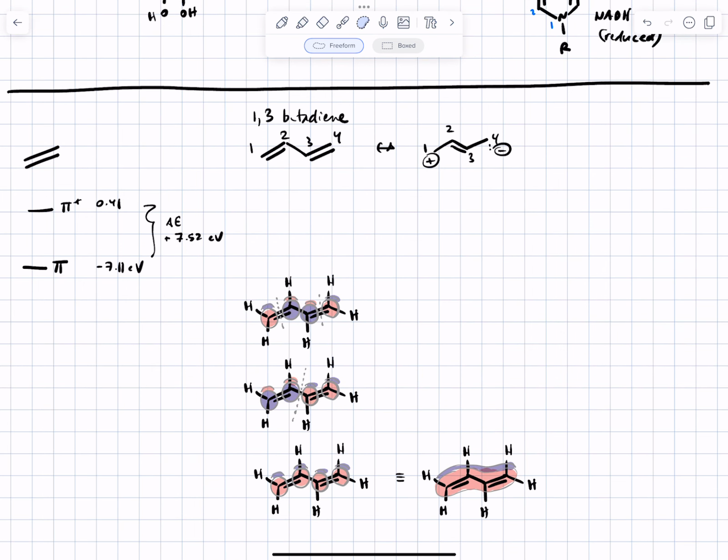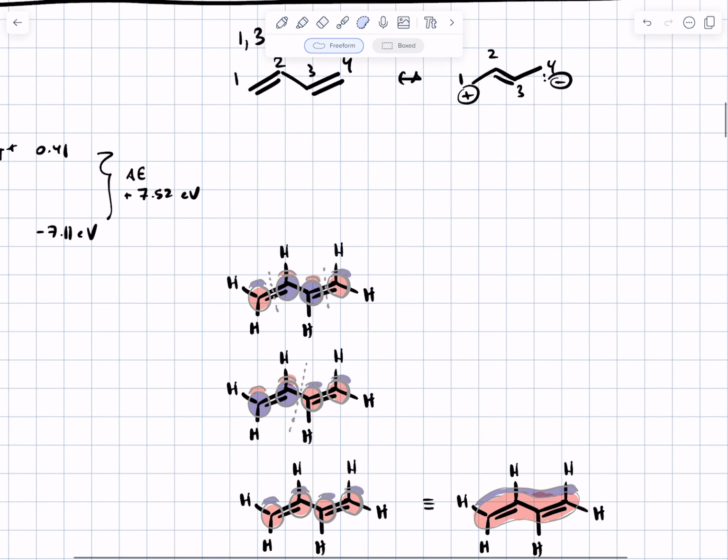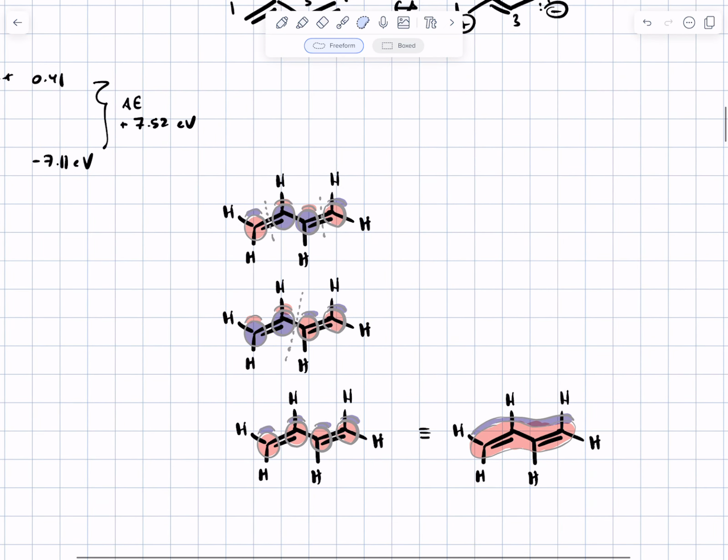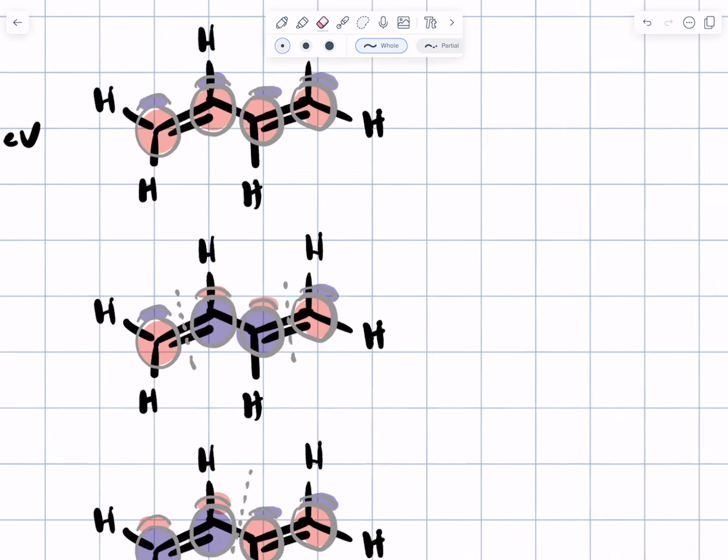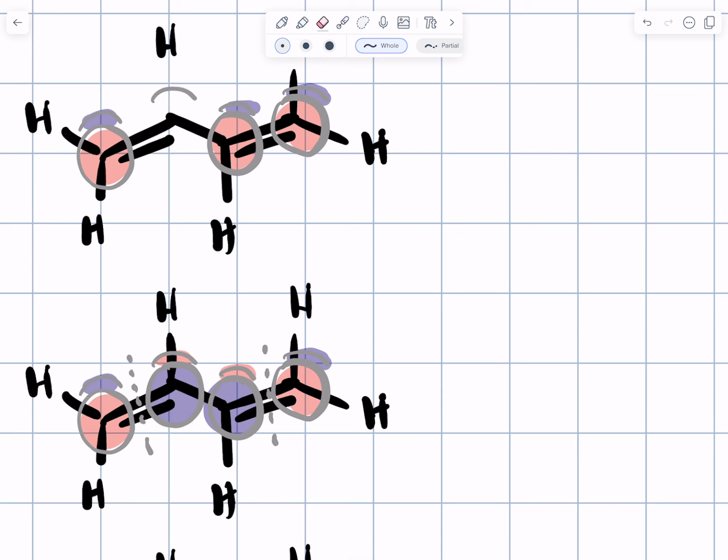And then you could imagine that the highest energy orbital we would get would have 3 nodes in it, and to do this we'll need to erase this one. Oops. Not that one. There we go.